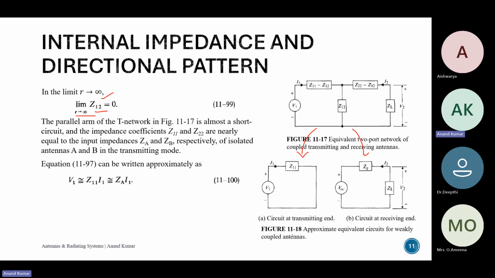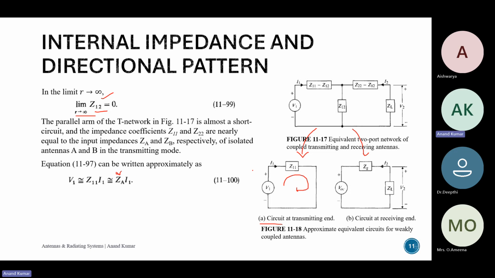For figure A, the transmitting end, we use KVL and KCL. Using KVL, we have V1 equals I1 into Z11, which is equal to ZA into I1, where ZA is the input impedance.